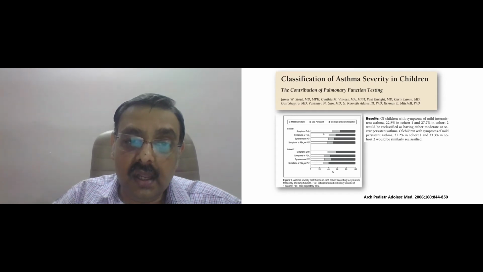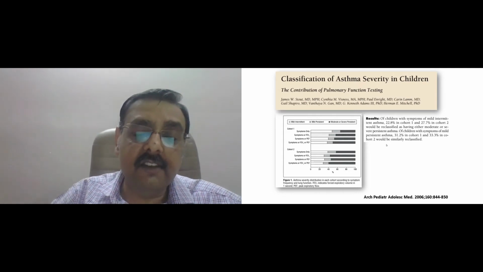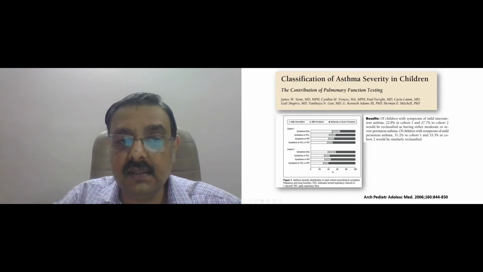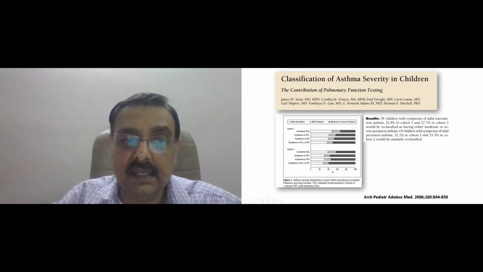Now, if you do lung function in addition to your clinical testing, then a lot of patients whom you feel have mild persistent asthma will shift their category. So if you look at symptoms only in this cohort, the clear bar is the mild intermittent, the light gray part is the mild persistent, and the dark gray part is the moderate to severe persistent asthma.